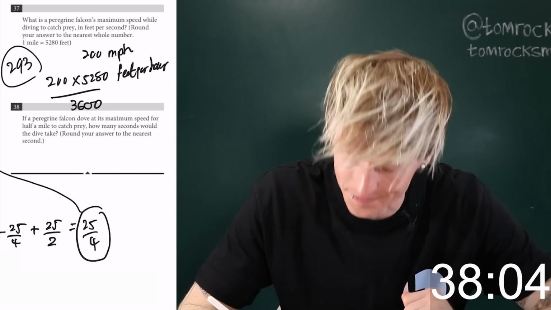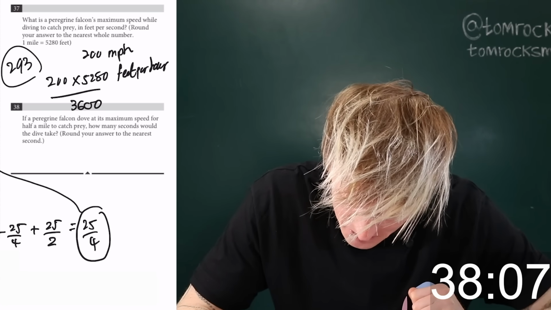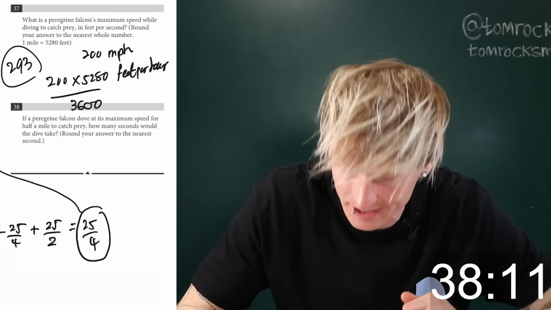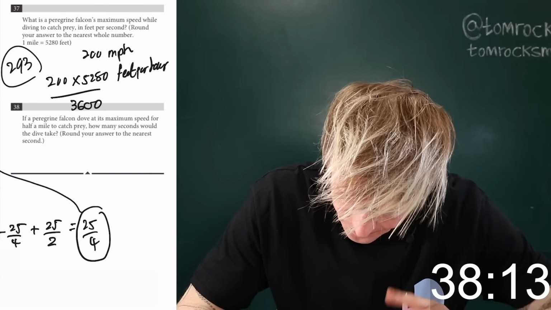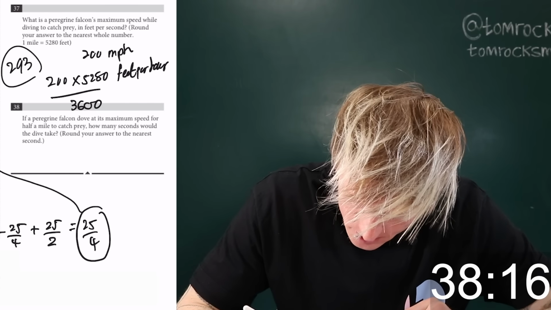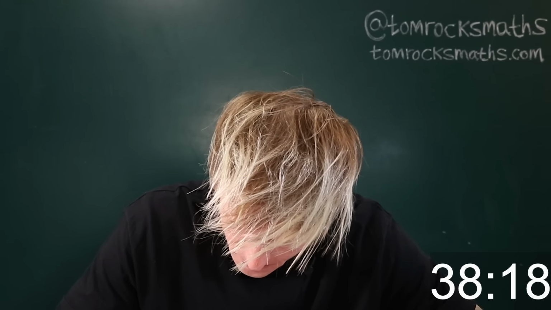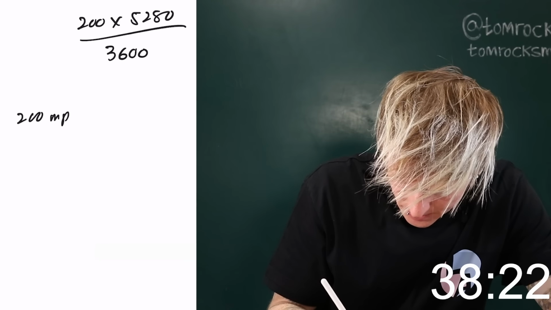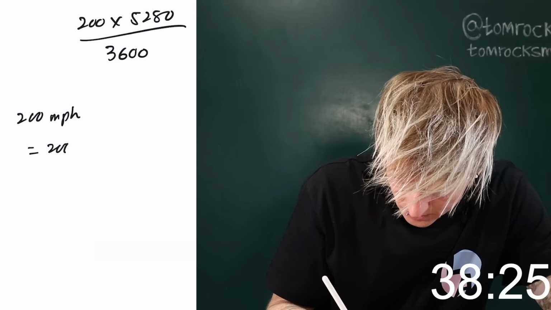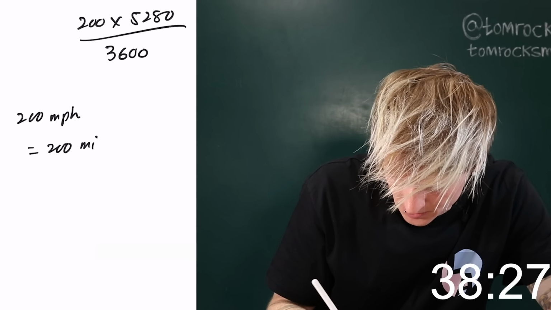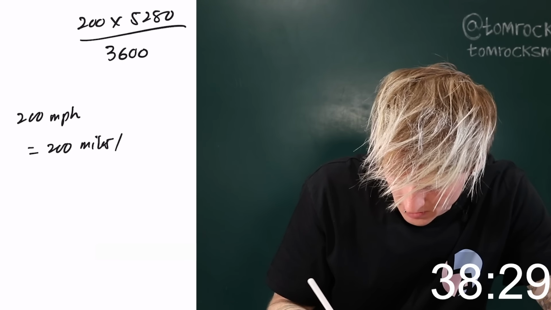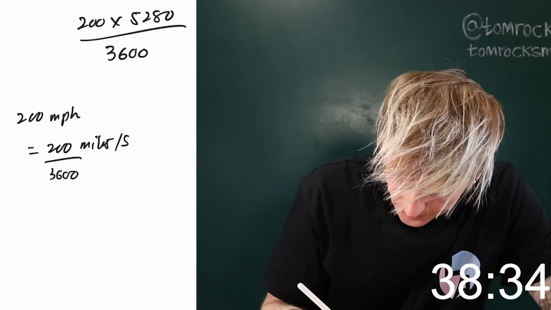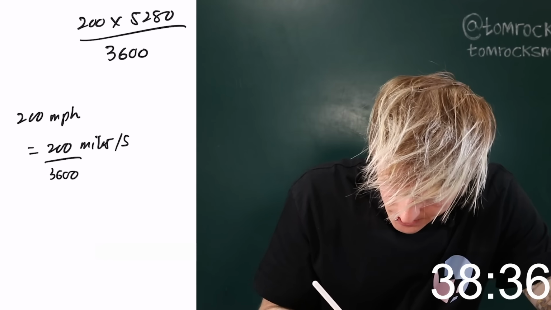Okay, 38. If the peregrine falcon dove at its maximum speed for half a mile, how many seconds would the dive take? Okay. So if it's going at 200 miles per hour, where you divide by 3600, so in a second, how many miles does it go?